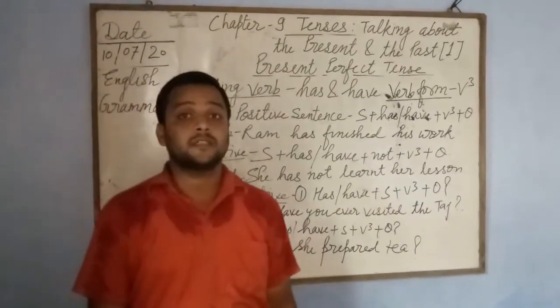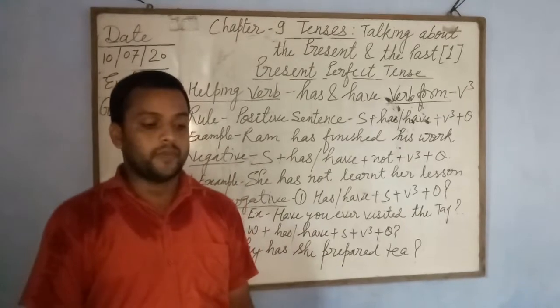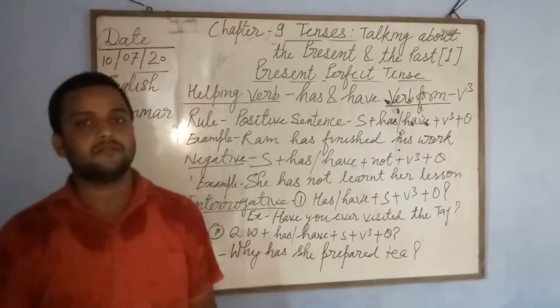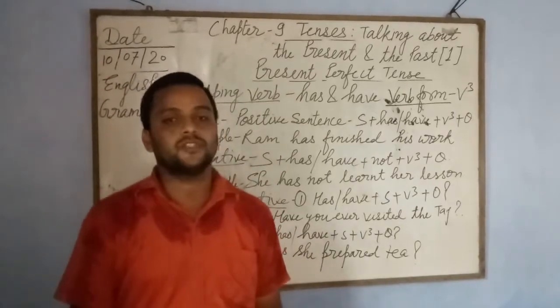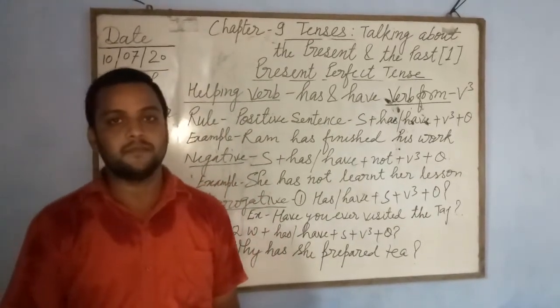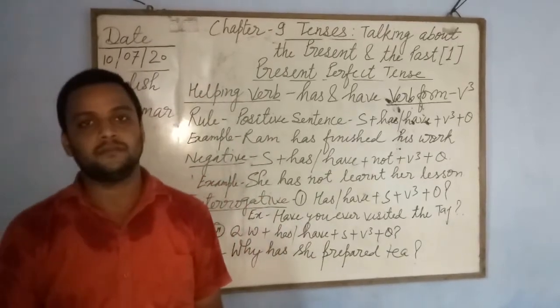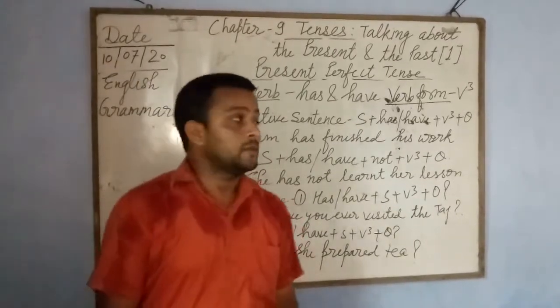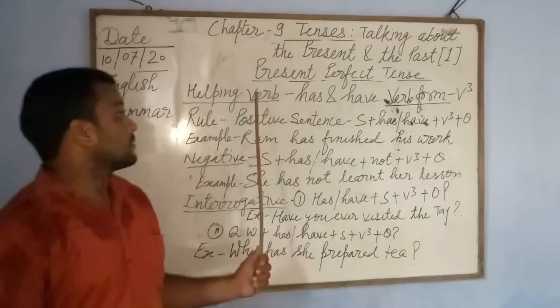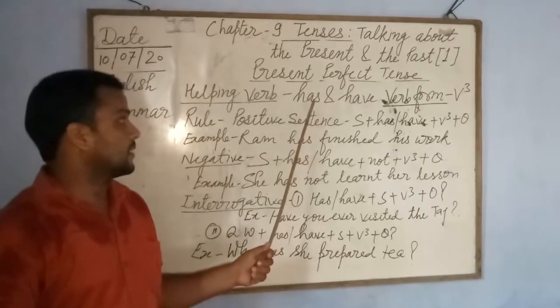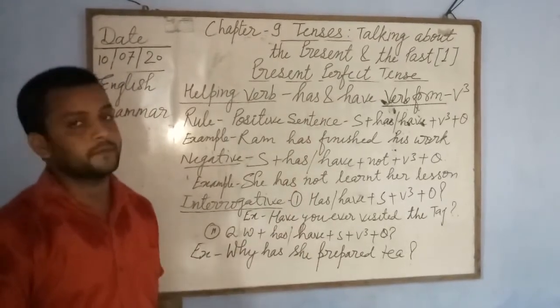Dear students, the present perfect tense expresses an action that began in the past and is completed at the present time. Okay? The helping verbs of this tense are has and have.